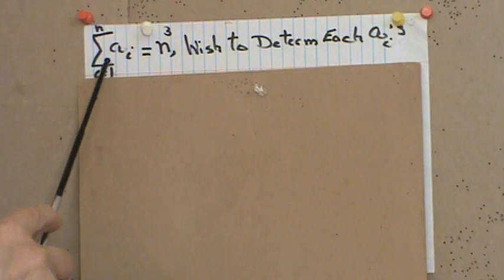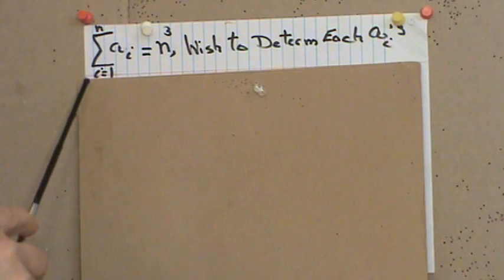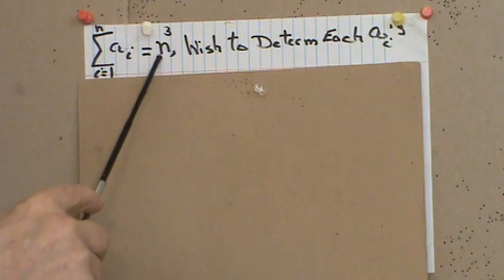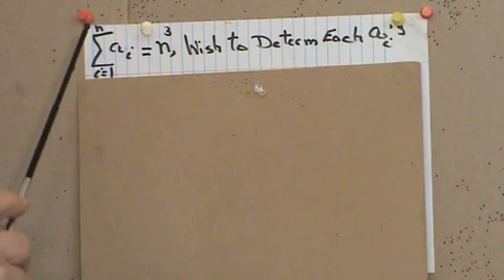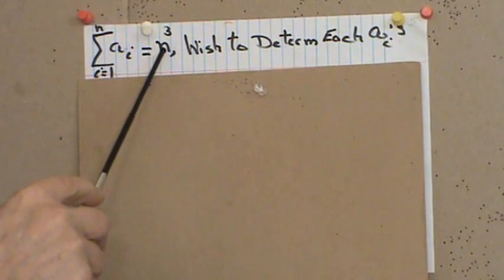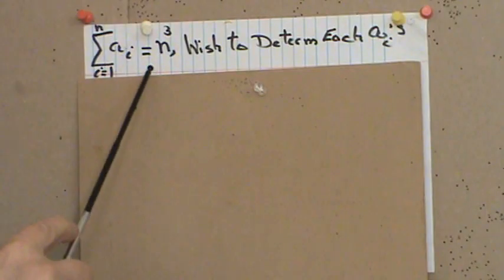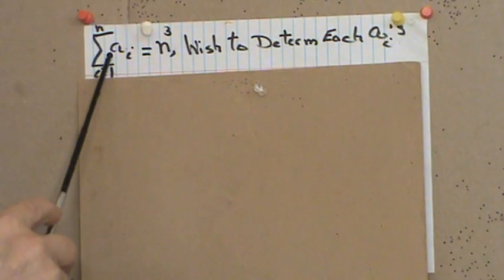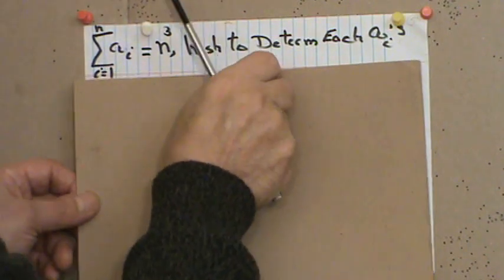That series has n terms, and when we add all the terms of that series, we get n cubed. For example, if n is 10, we have 10 terms, and when we add all those terms, we get 10 times 10 times 10, which is 1,000. So the question is, what are these terms that give us this? We are trying to find those terms.